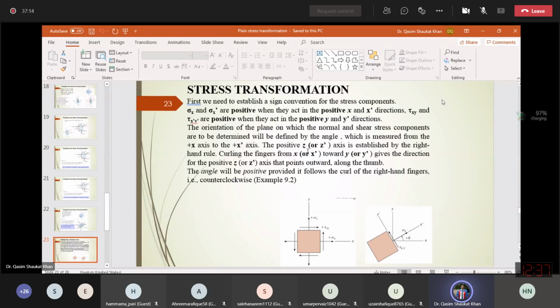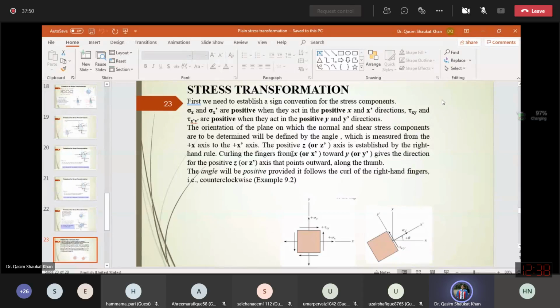Now the positive z axis is established by the right hand rule. If you curl the fingers of your right hand moving from x to x dash axis, then your thumb will point in the z direction.